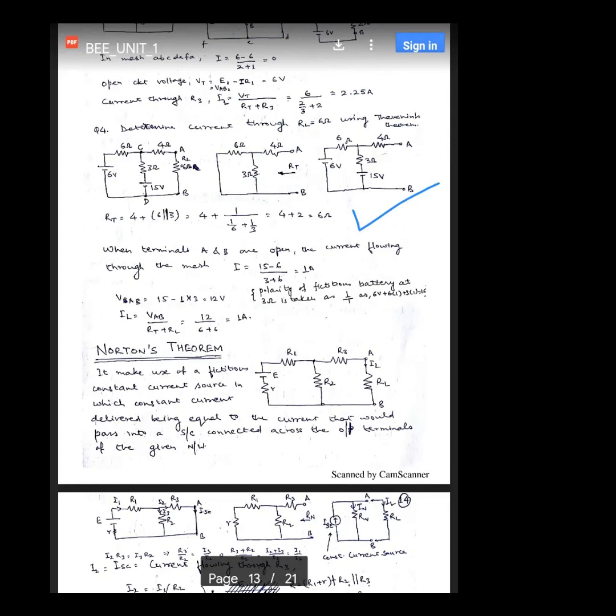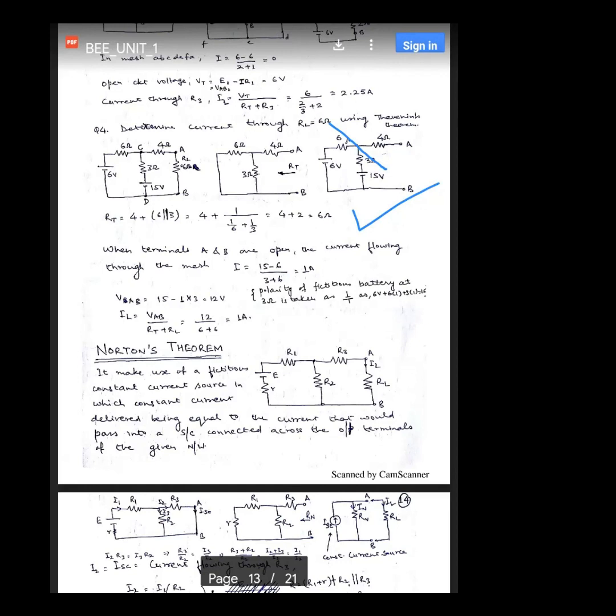In the first loop, the resistances 6 ohm and 3 ohm are in series, and the battery sources 15 volts and 6 volts are such that their polarities cancel each other, subtract each other or decrease the magnitude.